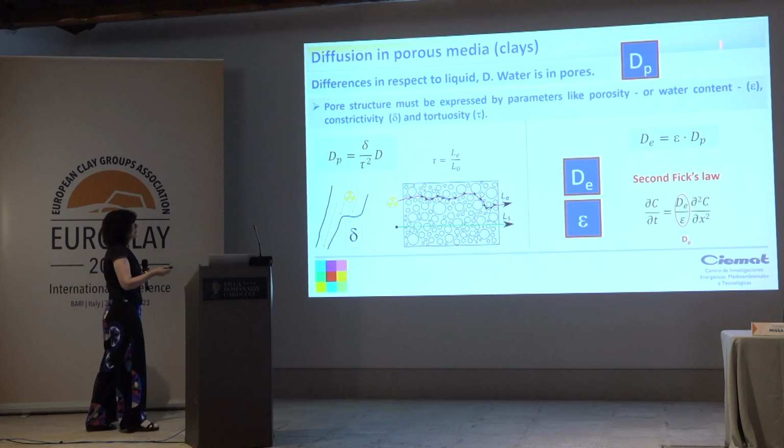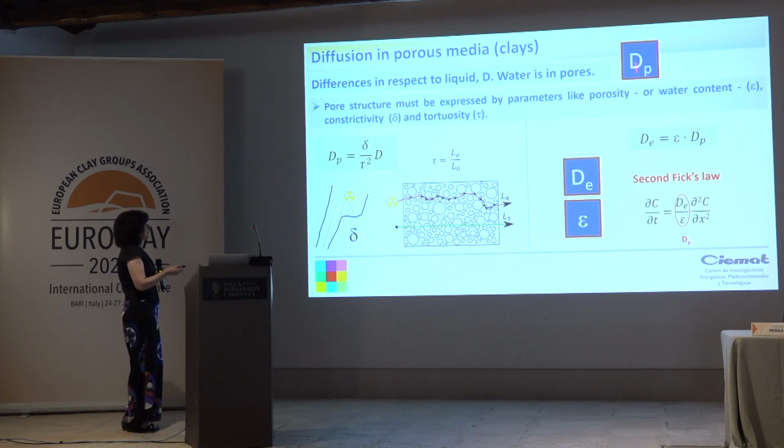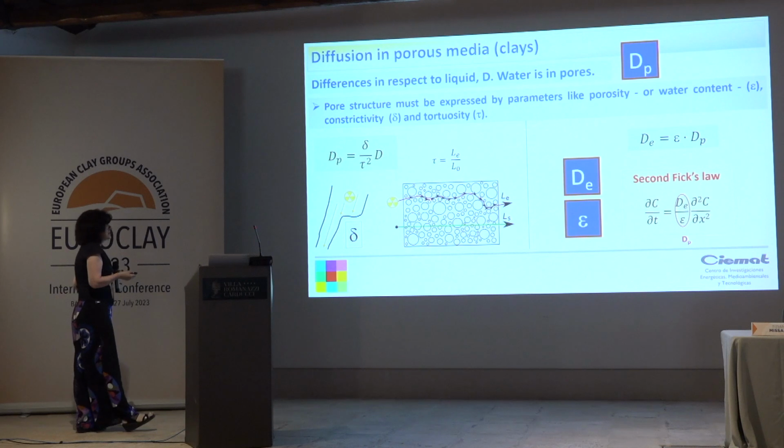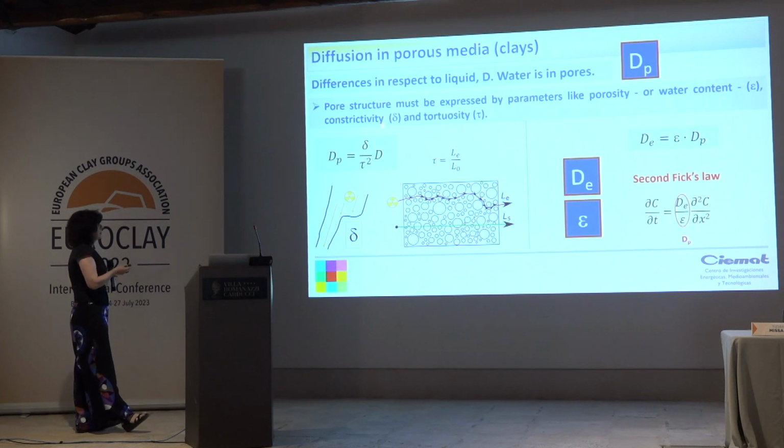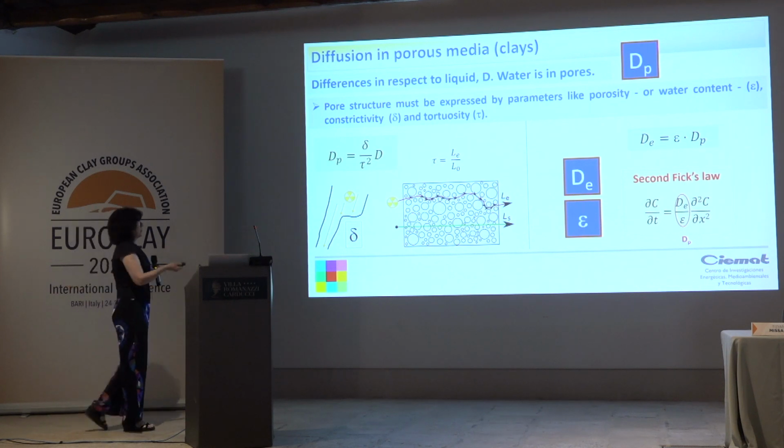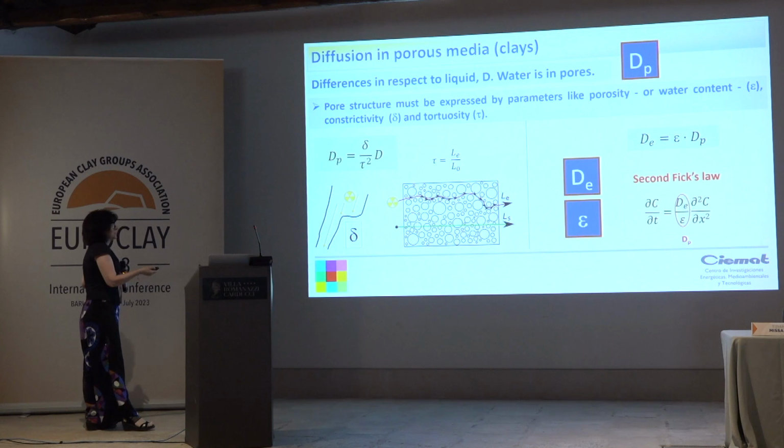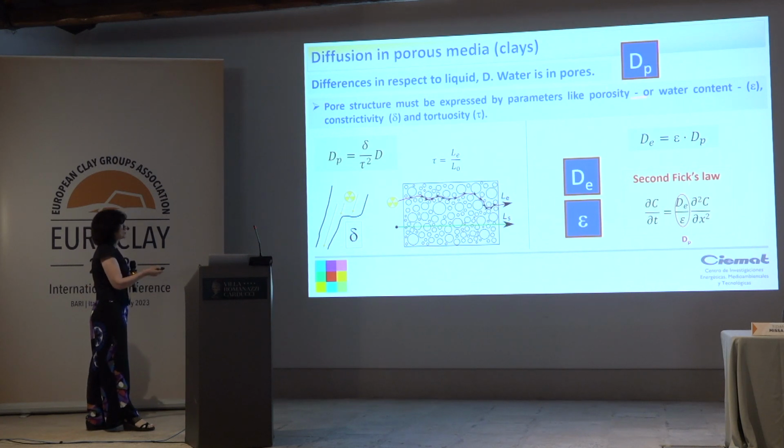So we have to define a diffusion coefficient in the pores, which must be expressed considering parameters like porosity or water content, epsilon here, but also the geometrical properties of the porous structure, for example, constrictivity, here is an example, and tortuosity. So here we have two important parameters, the effective diffusion coefficient and the porosity, and then we can rewrite, with respect to the diffusion coefficient in the pore, again Fick's second law.